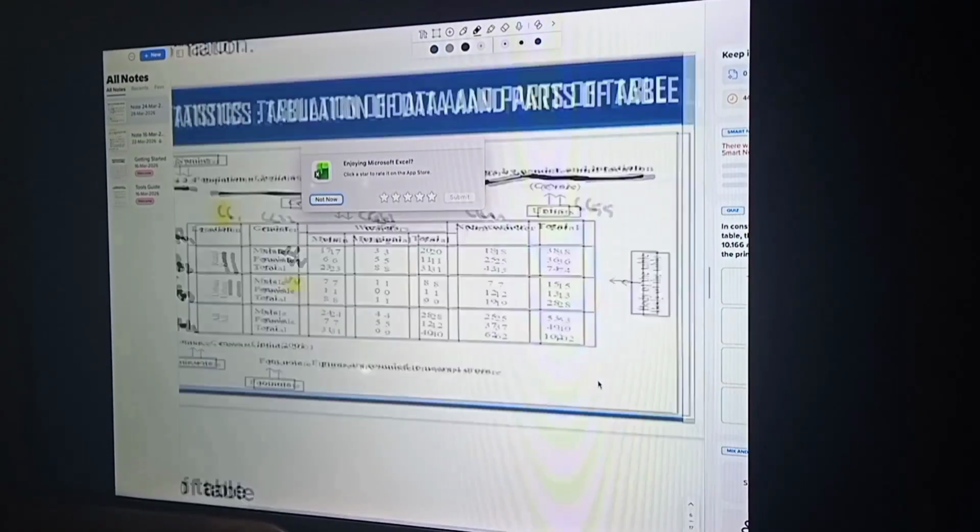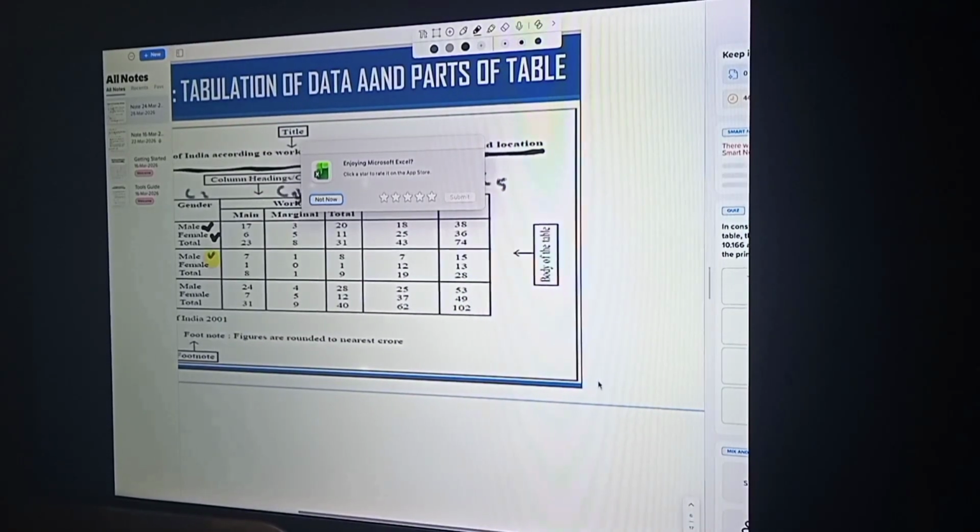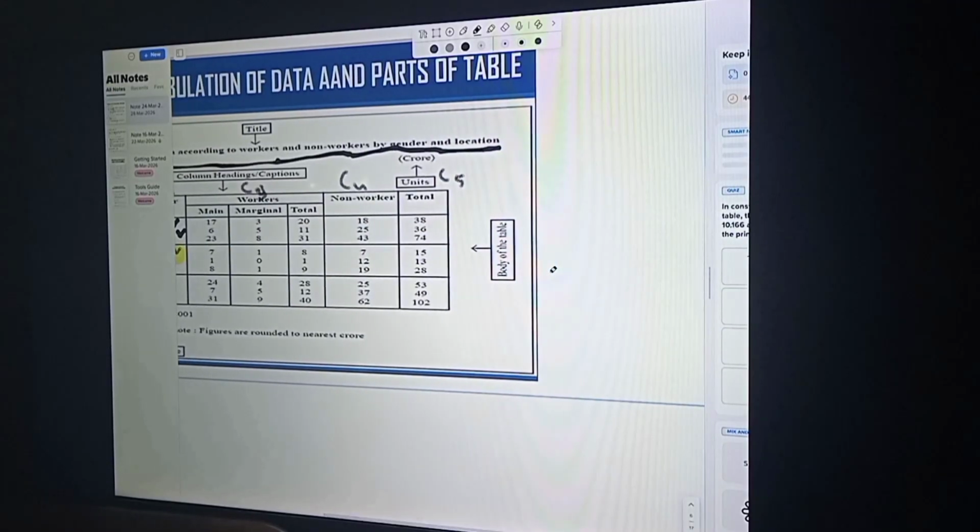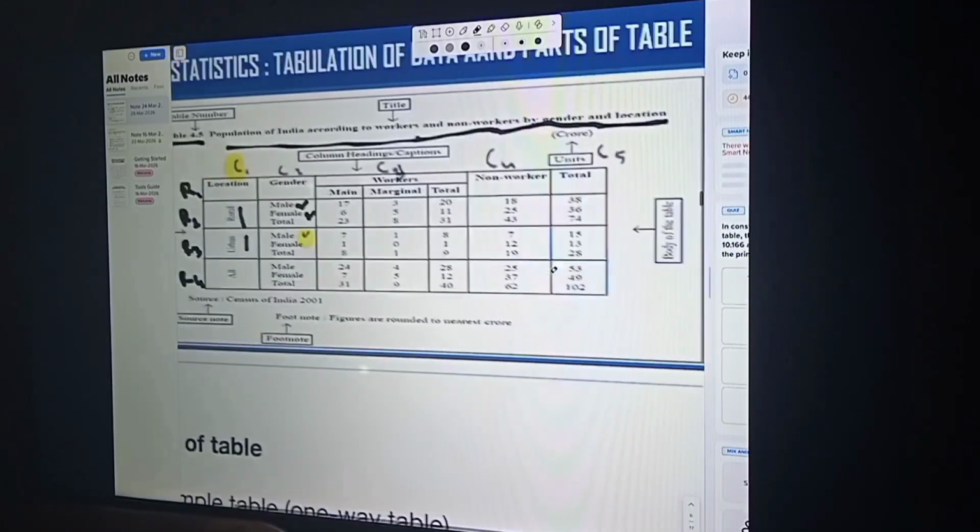So this whole table is 4 cross 5, that is 4 rows and 5 columns.